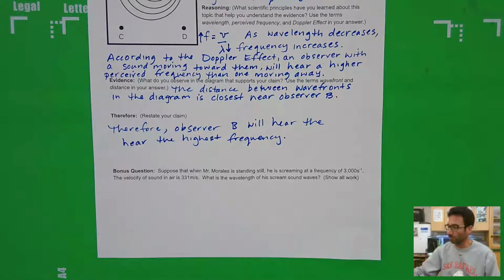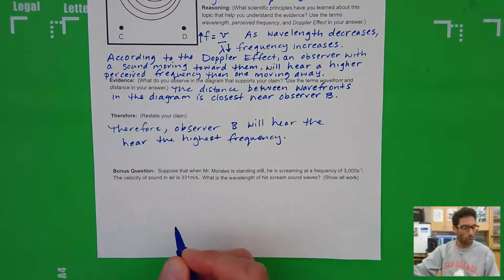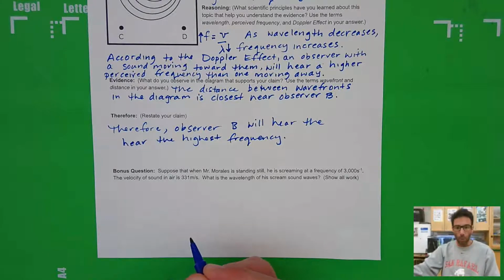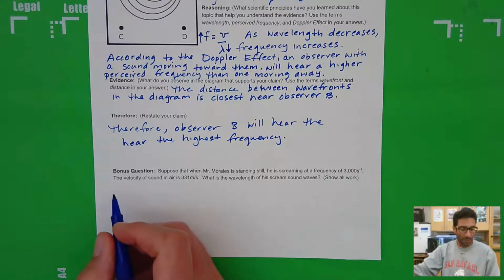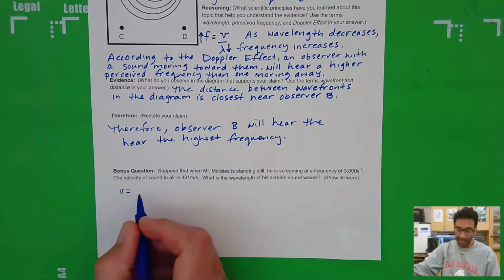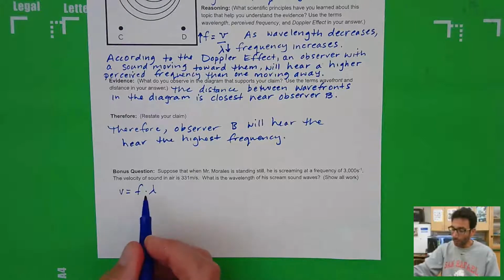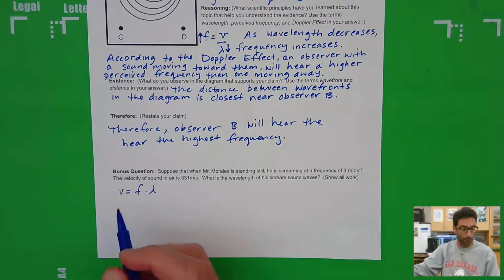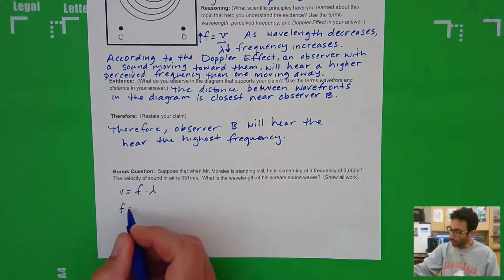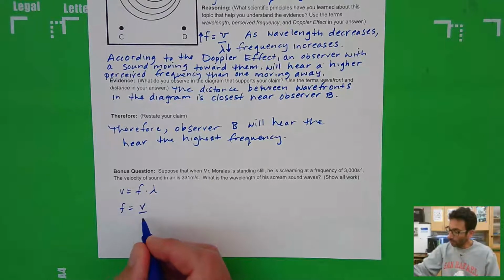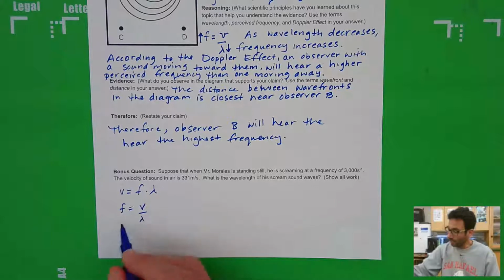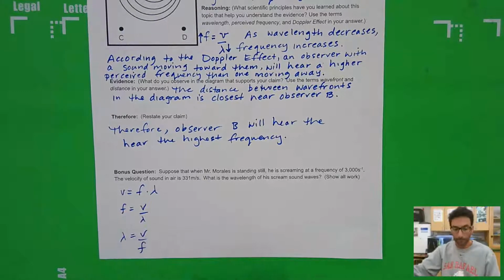All right, well, just get out our handy dandy equation. There are different ways that we can use the equation. Different forms of this equation would be velocity equals frequency times wavelength. We can just manipulate that. I'll write the three different forms. So we've got frequency equals velocity over wavelength, and wavelength equals velocity over frequency.